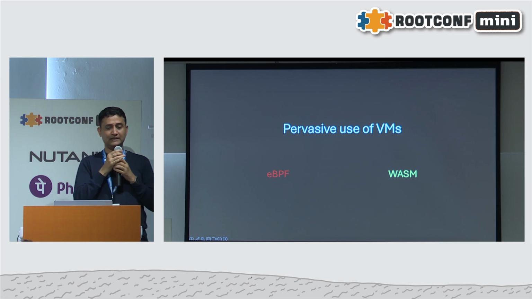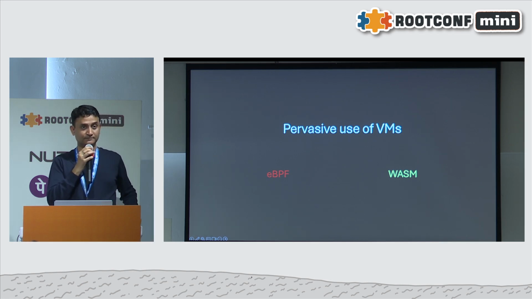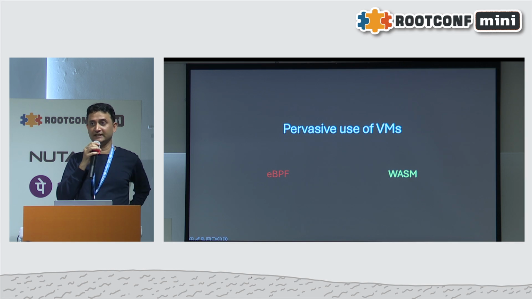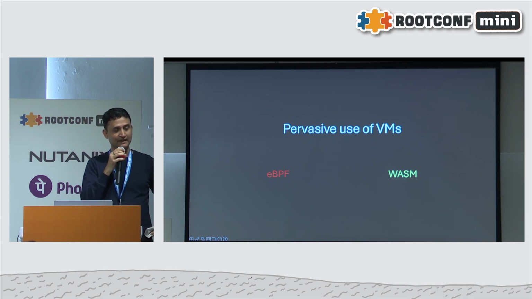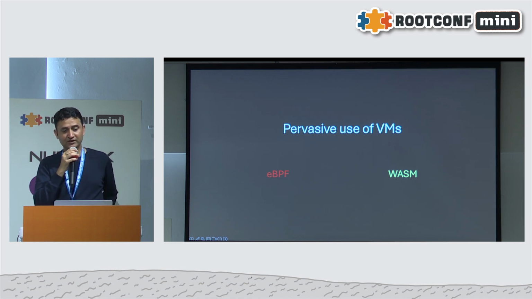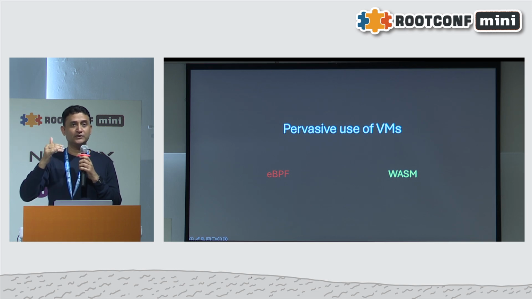The second VM that I want to talk about is WASM. Modern browsers are full-fledged computers in their own right. All of us would agree with that, right? But the kind of runtime and language that we use to build on top of it, JavaScript, has no ability to give you control over memory, right?